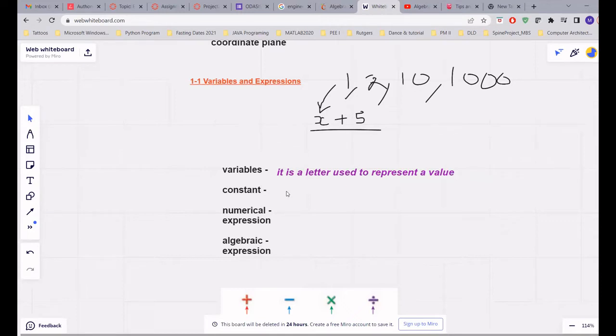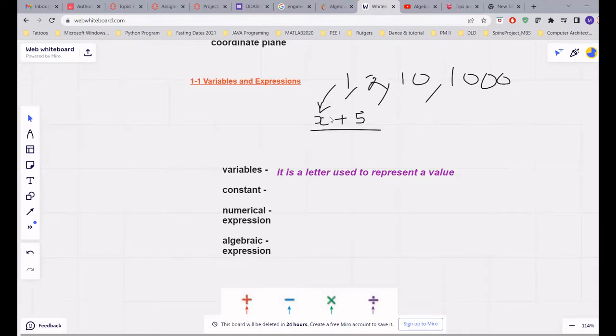Next, a constant. A constant is the opposite of a variable, which is fixed and has a constant value. A constant can never be manipulated or changed or altered.